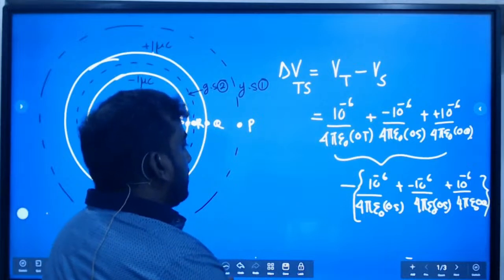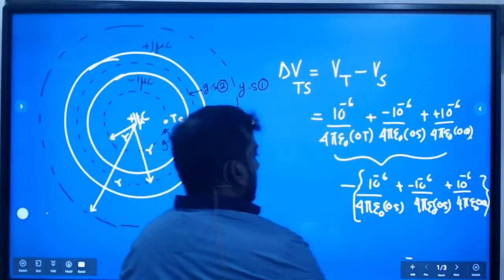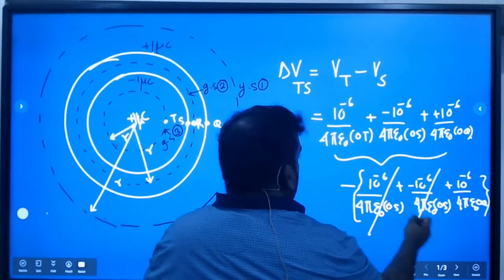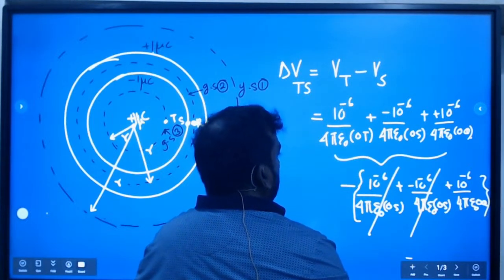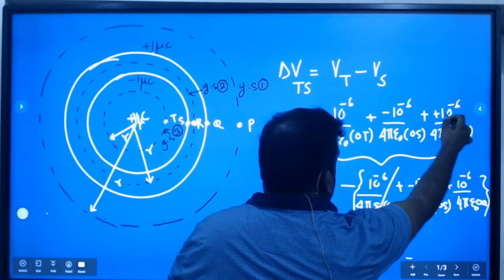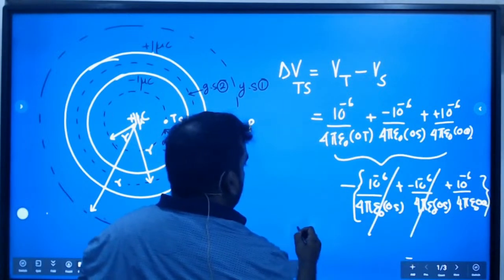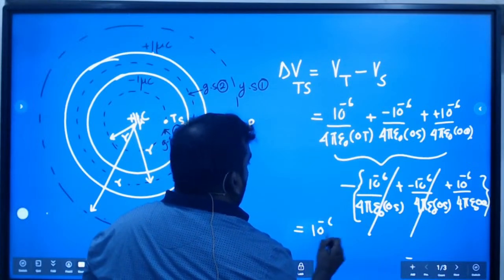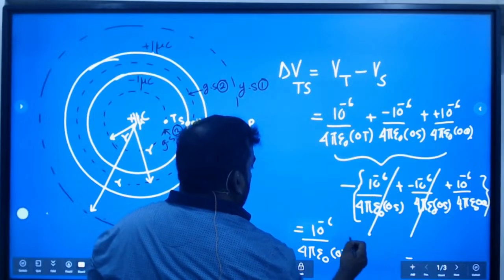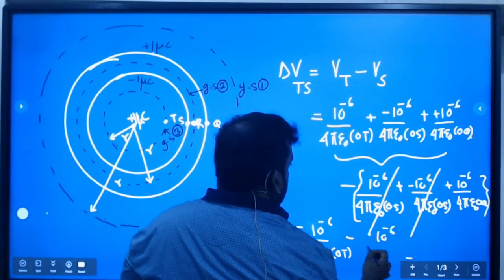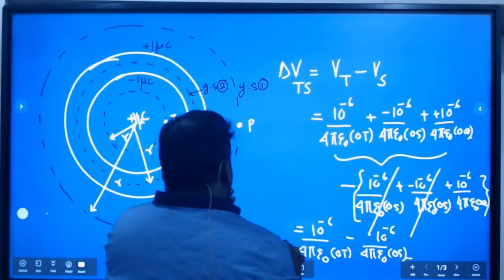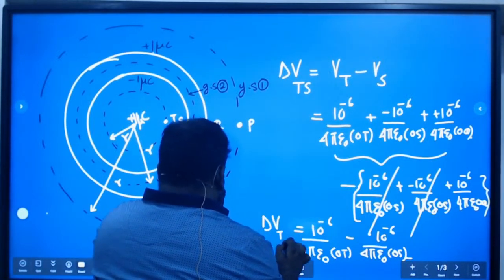Now let's work with this. These two cancel off. If I open brackets with the minus sign, these two also cancel off. Finally, 10^-6 over 4 pi epsilon naught OT minus 10^-6 over 4 pi epsilon naught OS. That is your potential difference between T and S.